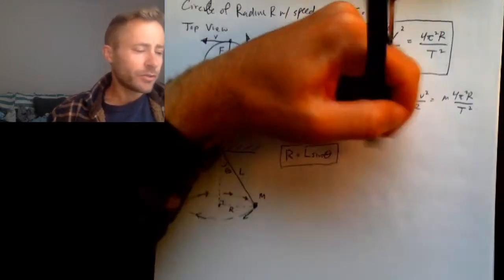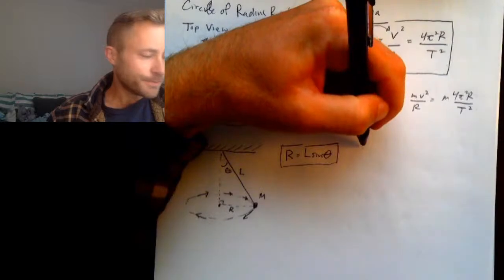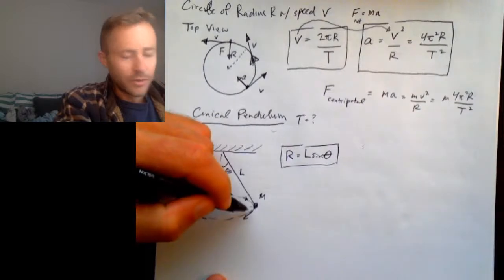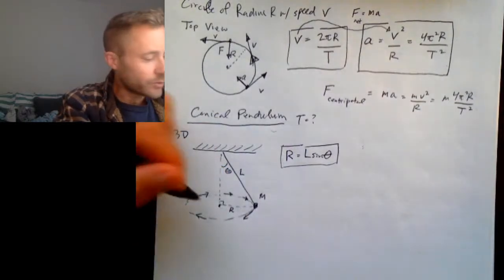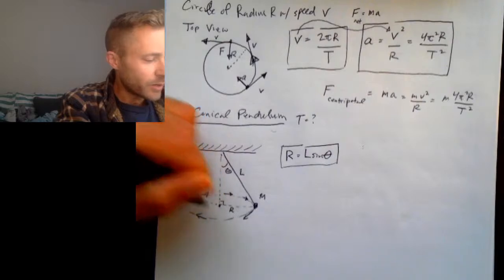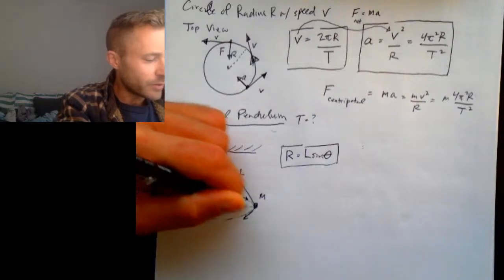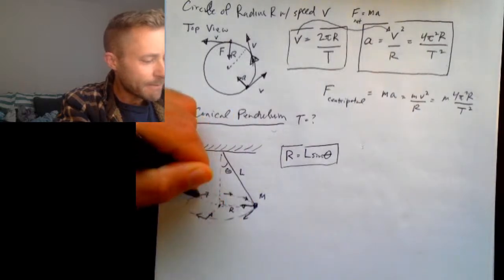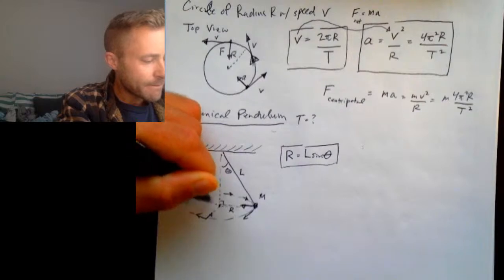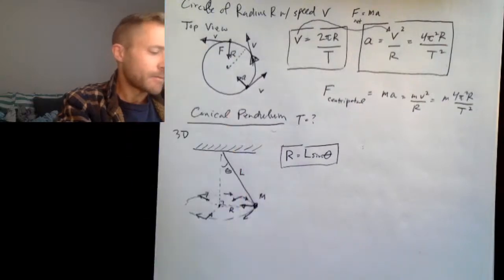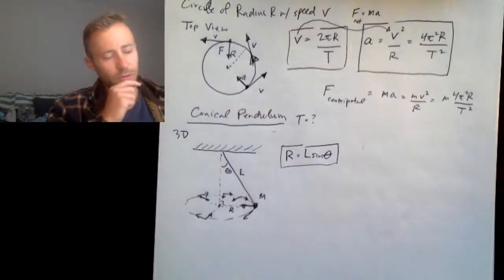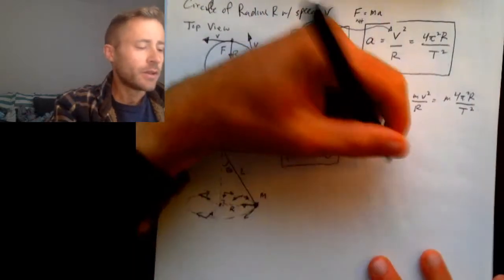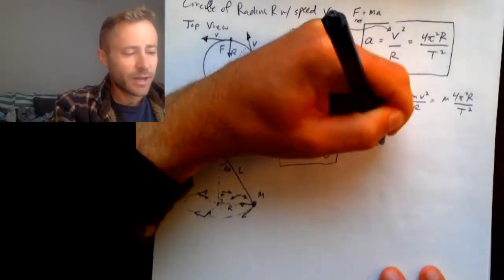If I were to draw this from a side view, well, let me just continue with the 3D a little bit longer. The acceleration always points towards the center of the circle. So if we think about the direction to the center of the circle, it's going to be like that. No matter where it is, the acceleration points towards the center of the circle. So what if I decided to draw this from a side view?